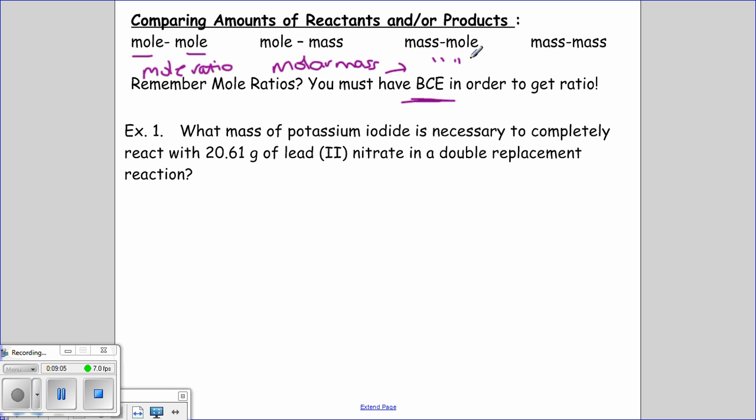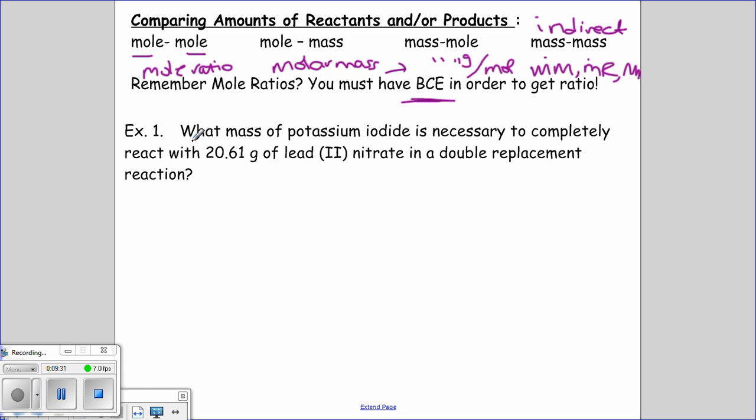If you're going from mass to moles, you just need to invert that, remembering that grams per mole is how we write molar mass, but if you need to flip it in order to cancel units, you put moles over grams. And then from mass to mass, we can't go directly there. We have to go indirectly. Indirectly meaning we're going to go molar mass first, and then we might use mole ratio, and then we might use molar mass again, depending on what we have present in our problem.